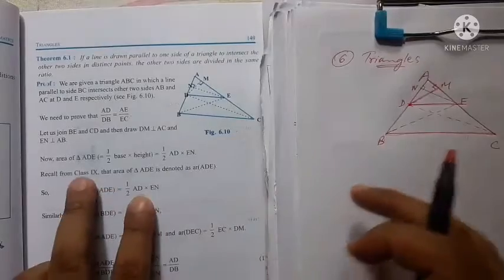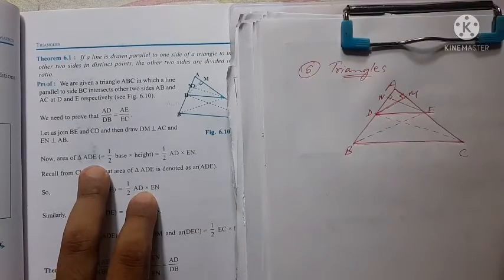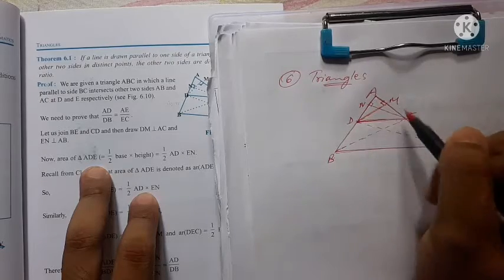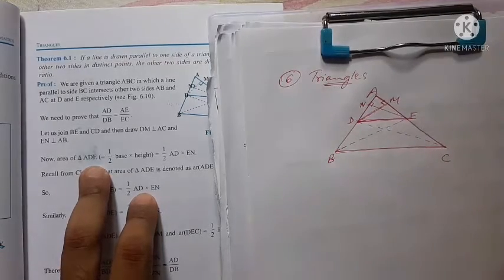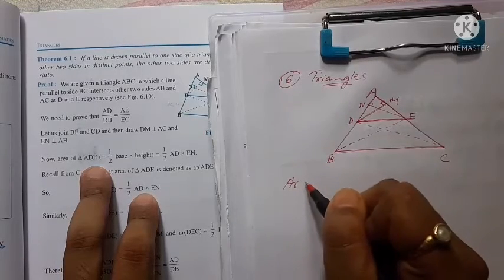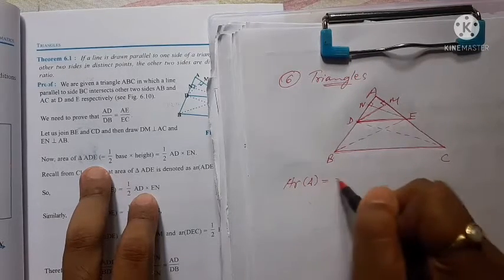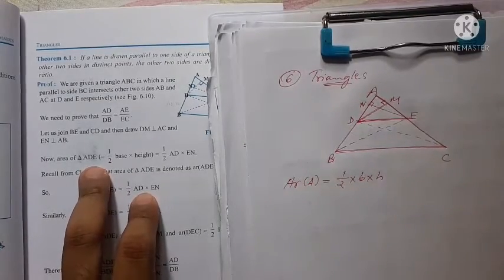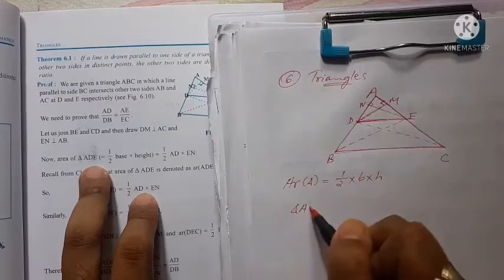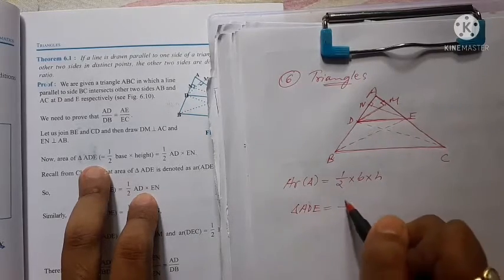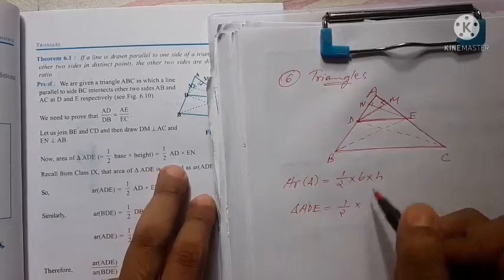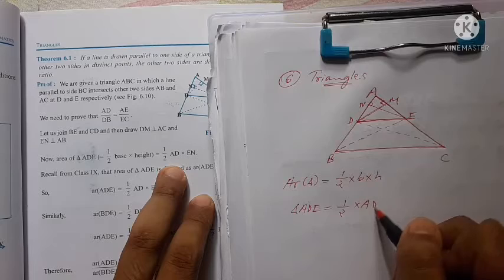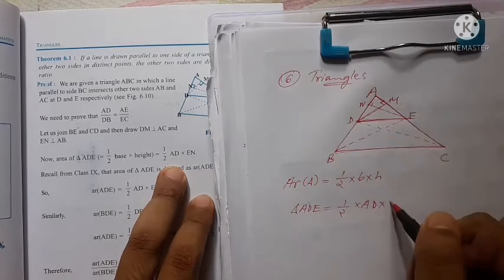Now, area of triangle ADE. We already know that the area of a triangle is half into base into height. In the case of triangle ADE, if we take AD as base, then EN is the height.